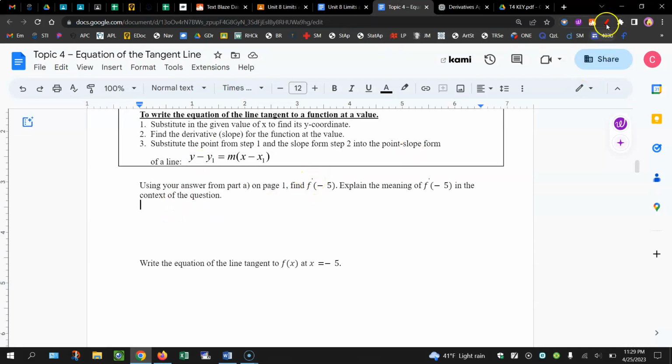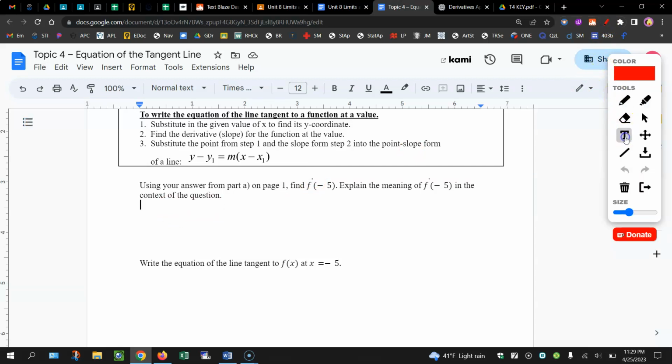So what this is going to look like here is f prime of negative 5 equals 2 times negative 5. What did I say? Minus 7? Yeah. Minus 7. That should be a negative 5 here.